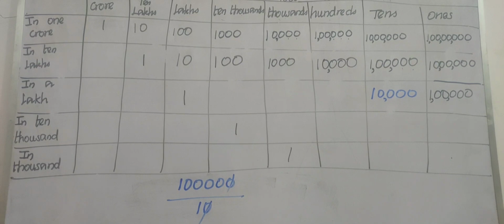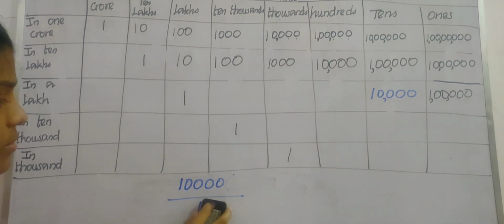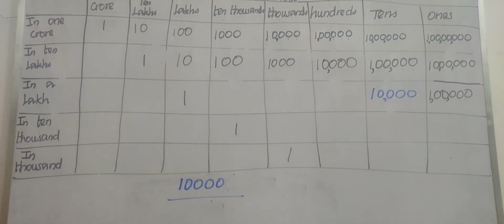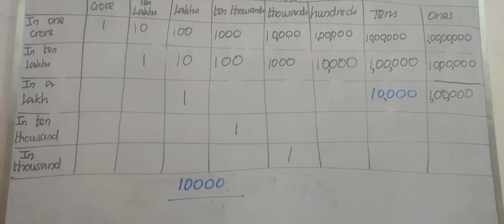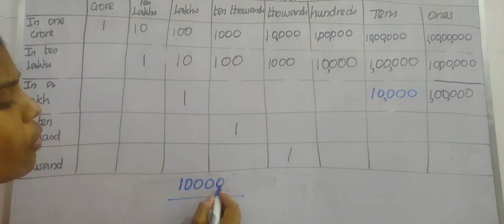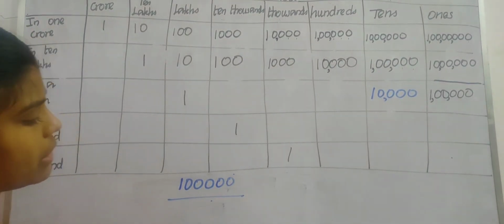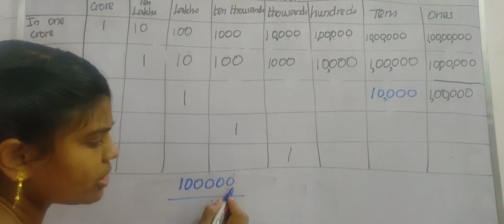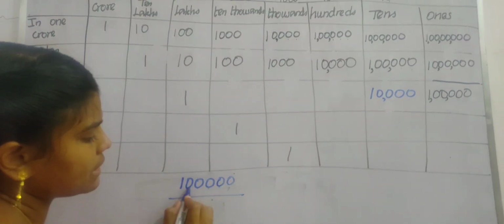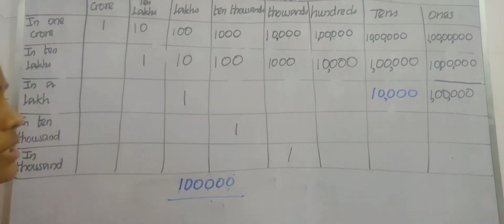Okay children, and then let us find for hundreds. We know a lakh is the smallest 6-digit number: 1, 2, 3, 4, 5, 6. Let us say the place values also: ones, tens, hundreds, thousands, 10,000, lakh.